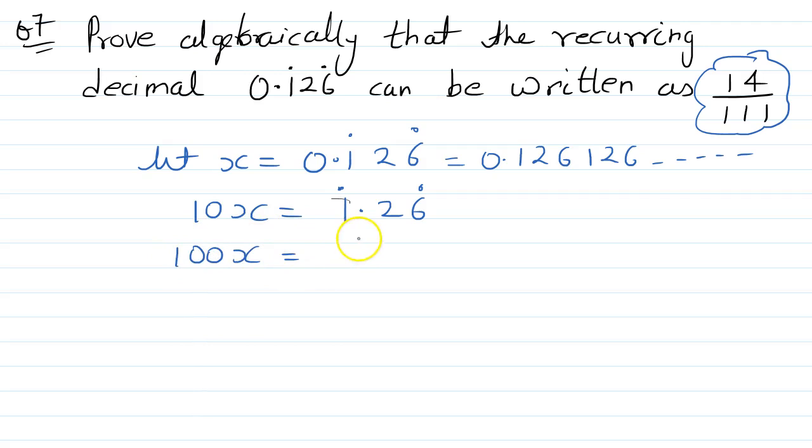So 100x will be 126, the point will be shifting here, and this point will be here. Now if we multiply by 1000, so 1000x, it will be 126 dot 0.126 recurring.